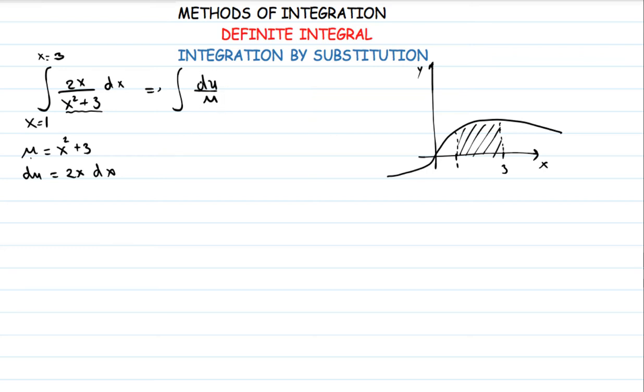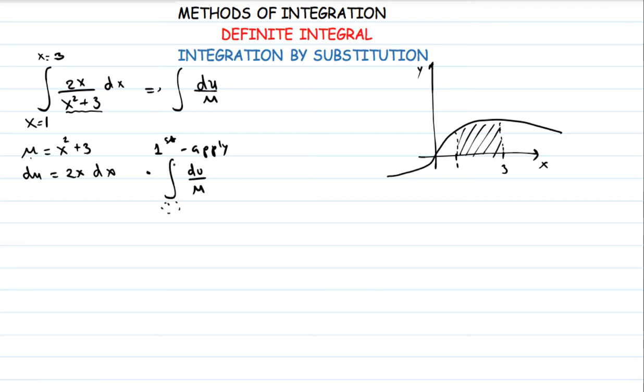Now this is a function of u, and what you can do is solve this as we did without applying the limits, or you can apply the limits. So first, let's apply the limits. This is going to be our starting function. We're going to have here du divided by u.